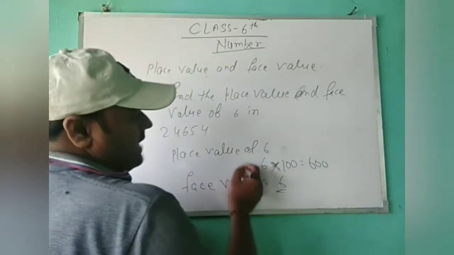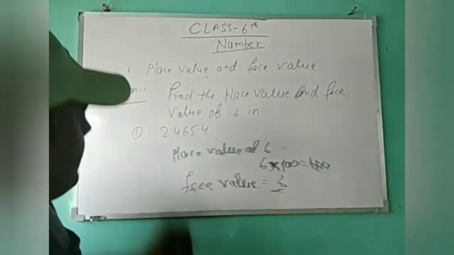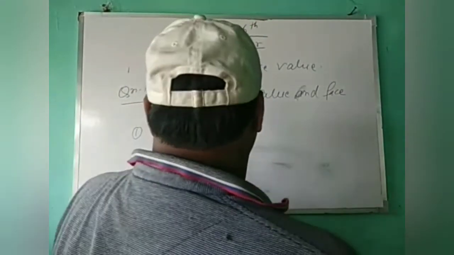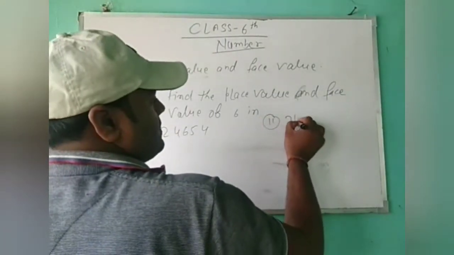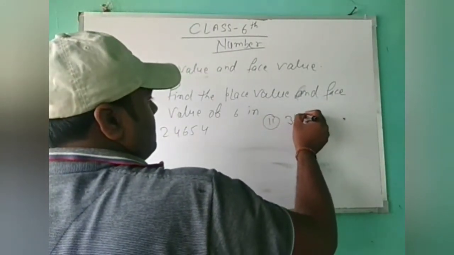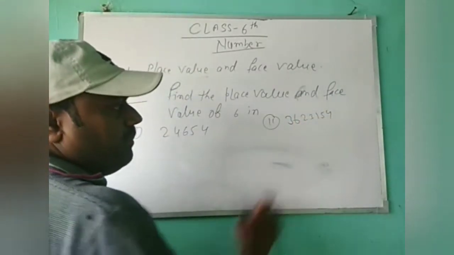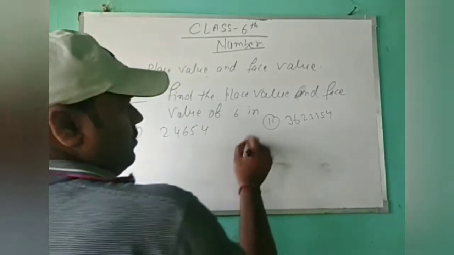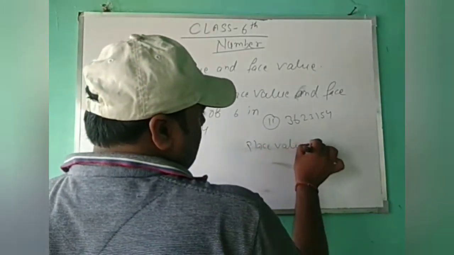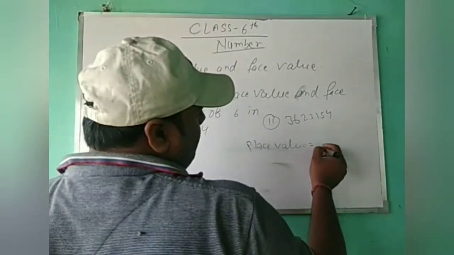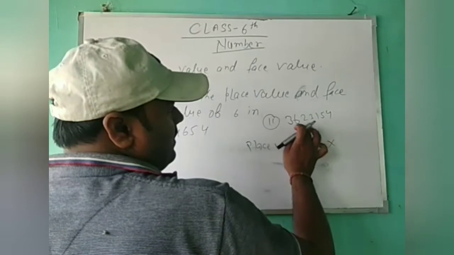Let's take another example. Second question: 3, 6, 2, 3, 1, 5, 4. Find out the place value of 6. What will it be? Then 6 into 1, 10, 100, 1000, 10,000 and lakh.